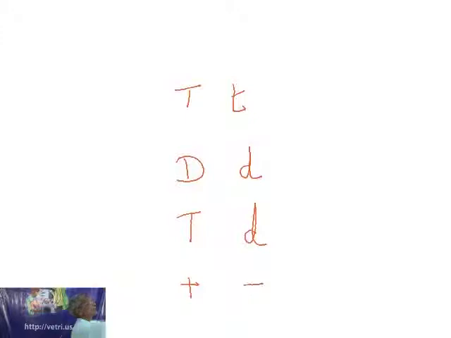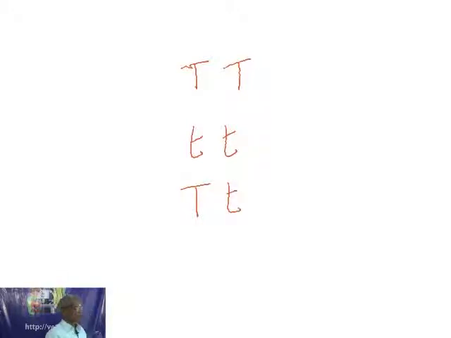Now, when you represent the tall and the dwarf like this, it is called a homozygous condition. This is also a homozygous condition, and this is a heterozygous condition when 2 alleles of different types are there. One more terminology is the hemizygous condition, which you will come across in sex-linked inheritance, where you get a particular character in the X chromosome and you don't get that particular allele in the Y chromosome.